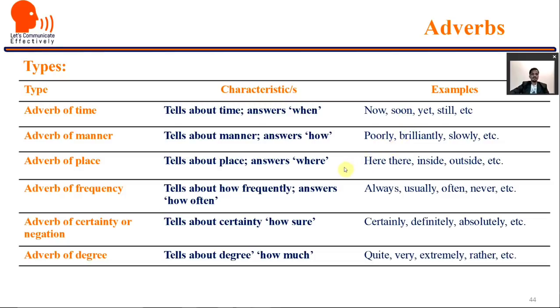Manner. Adverb of place tells about place and answers where. I had kept my assignments on the table. On the table. So here, there, inside, outside, on, etc. Adverb of frequency tells about how frequently or answers how often, like always, usually, often, never, etc. Adverb of certainty or negation tells about certainty, how sure, like certainly, definitely, absolutely.